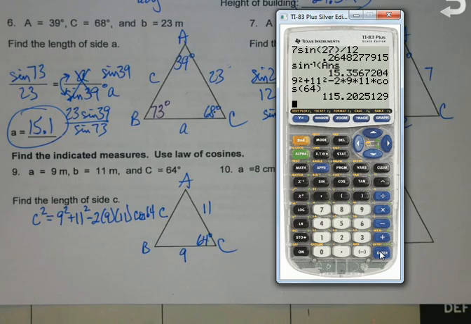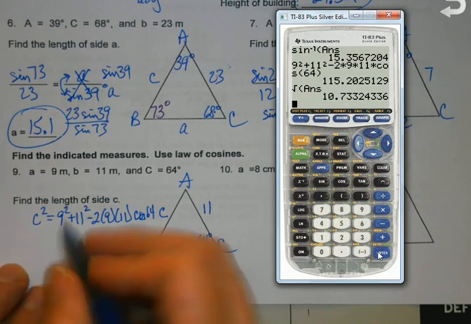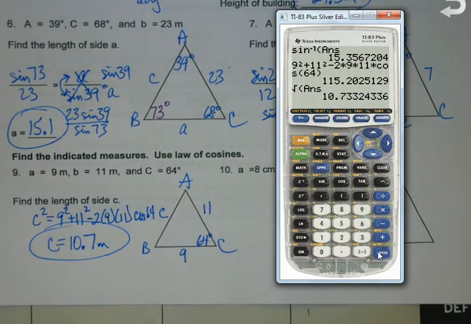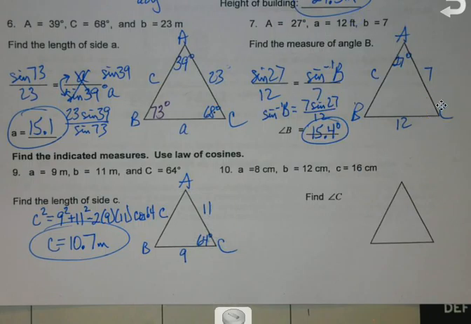But again, that's my squared term. Okay, that's what C squared equals. I want to know what side C is. So if I take the square root of that value, I get my C value.